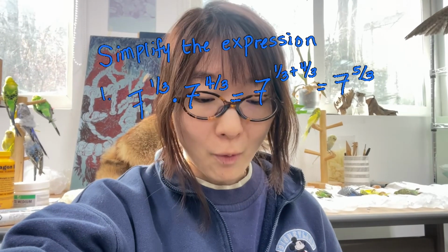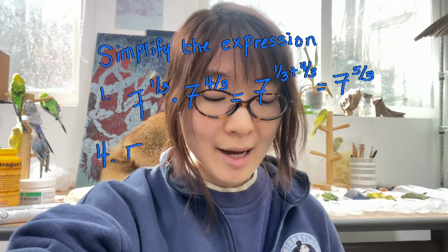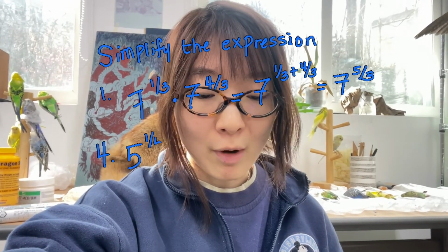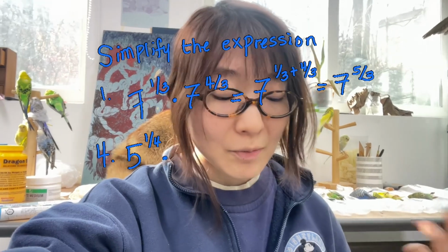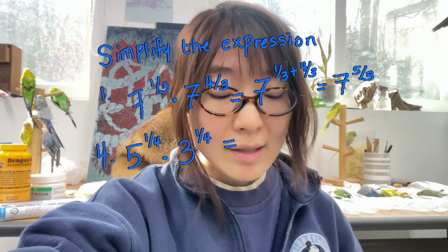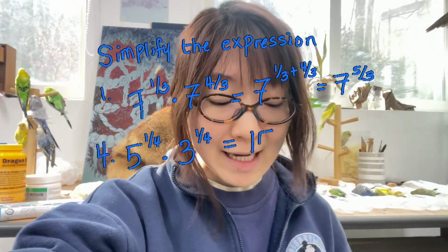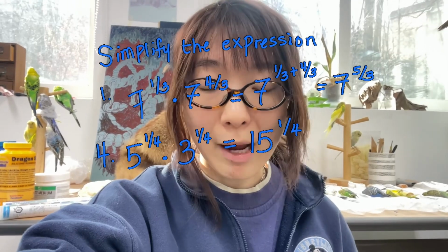Moving on to number 4, we have 5 raised to the power of 1/4 times 3 raised to the power of 1/4. Over here we have different bases, 5 and 3, so we would multiply the bases. So we would have 15 raised to the power of 1/4.